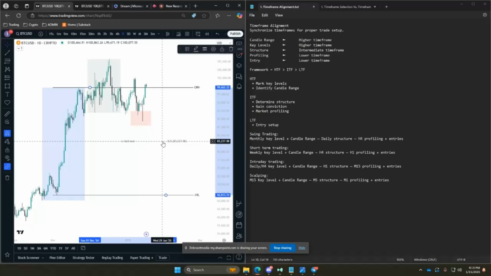And then on the intermediate time frame, we mapped out a simple market profile, which helped us determine a bit of structure to help us make decisions. Now, the lower time frame we would use to actually determine entries.